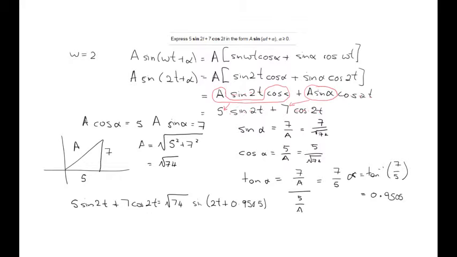If we were using the formula, we would have gone straight to the fact that a was equal to the square root of a squared plus b squared, which is root 74, and that alpha is the inverse tan of b over a, which gives us the result as we had before.